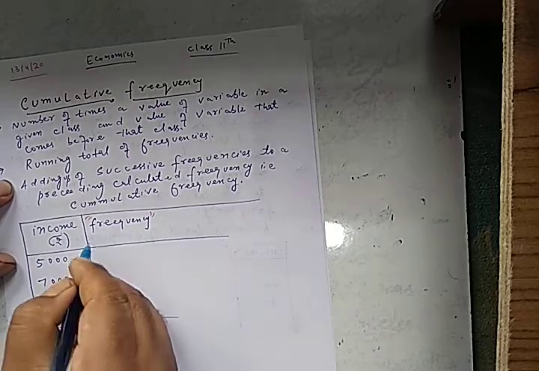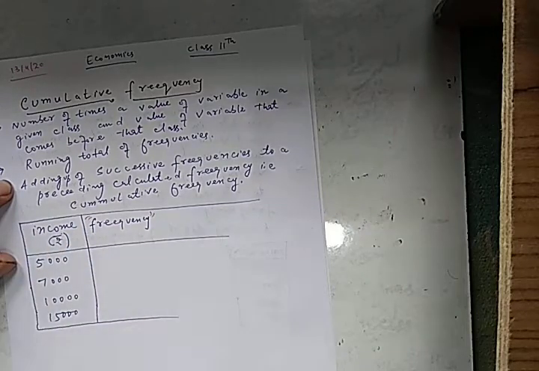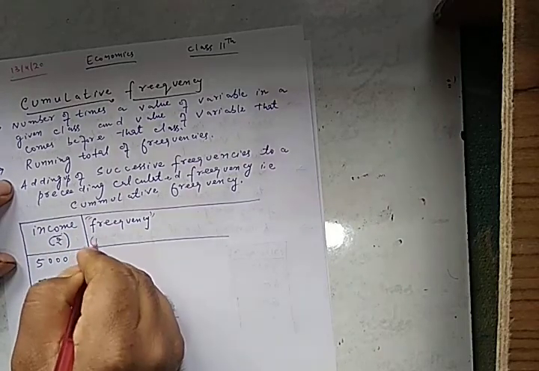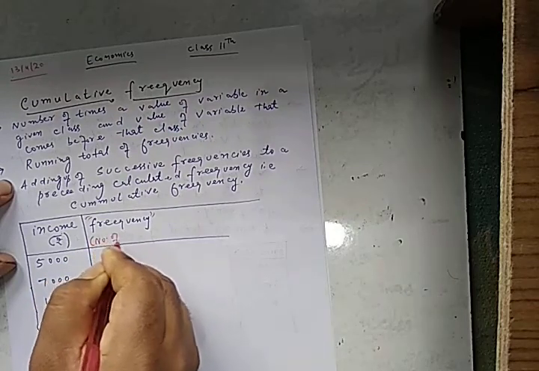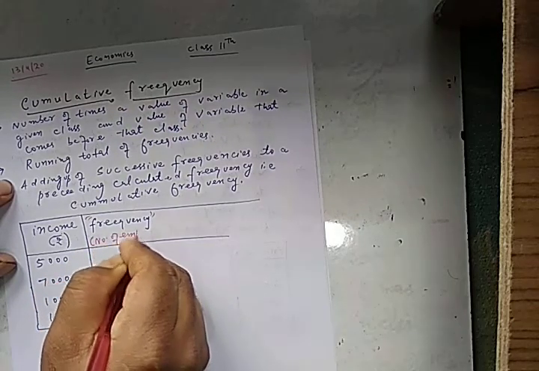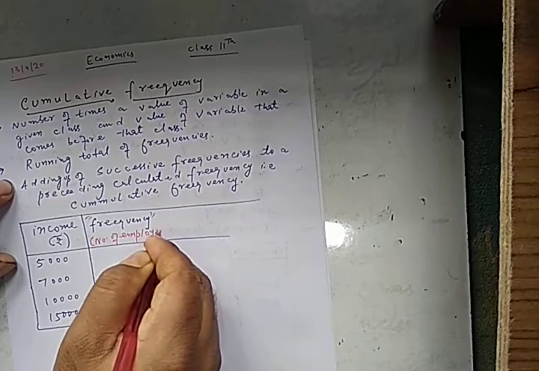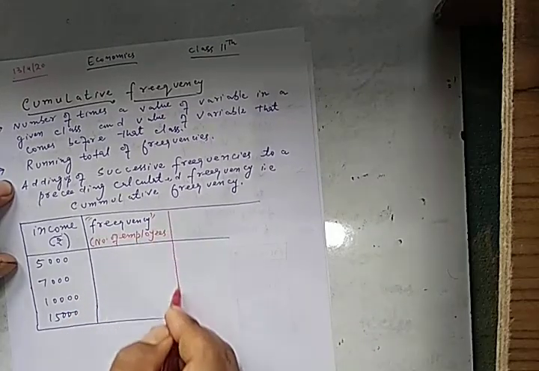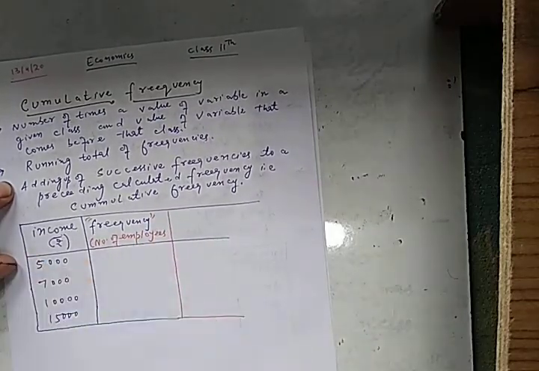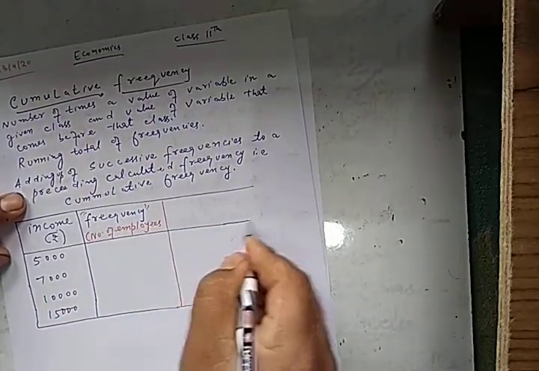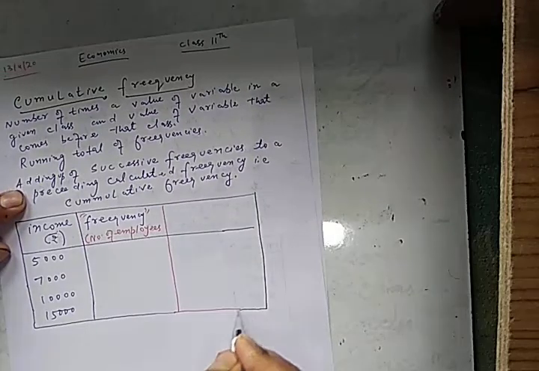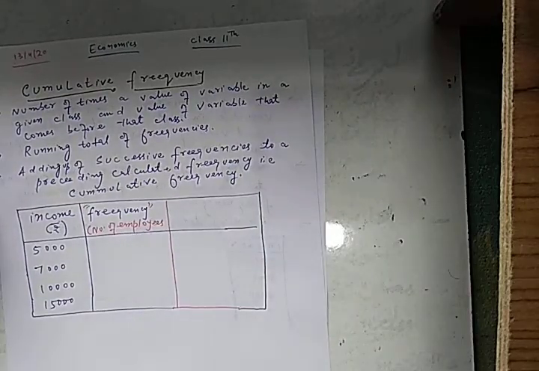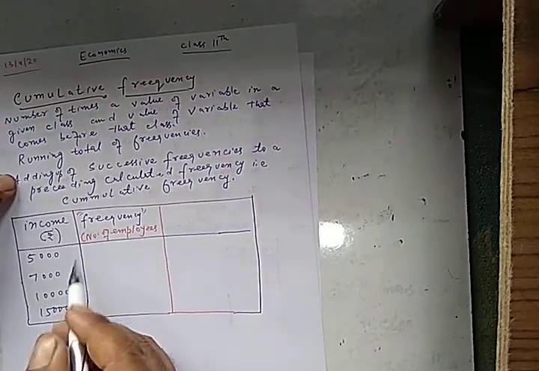We can write here the number of employees, and we can also write persons. In our next column we will calculate the cumulative frequency, and see how it is derived from the simple frequency. This is the simple frequency.